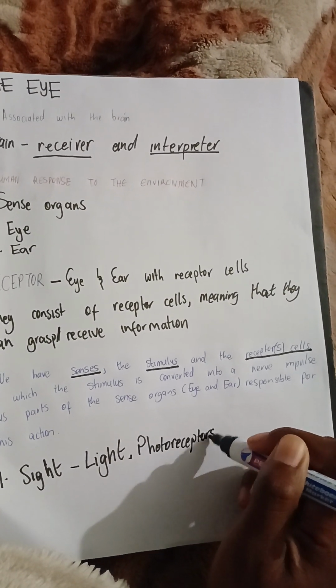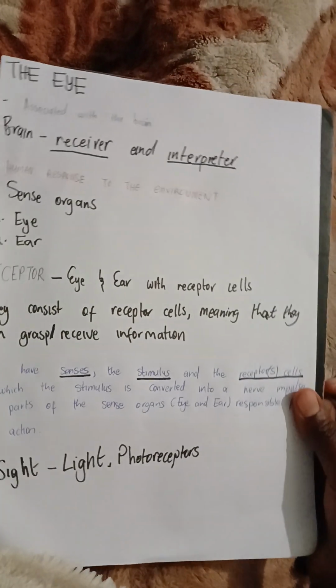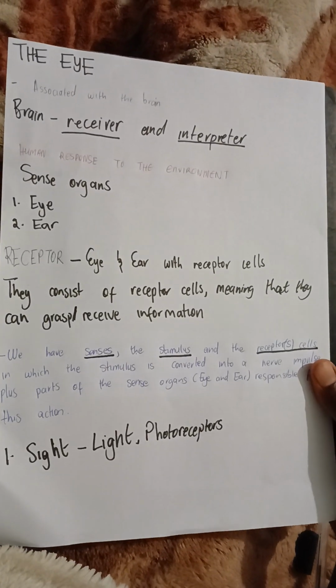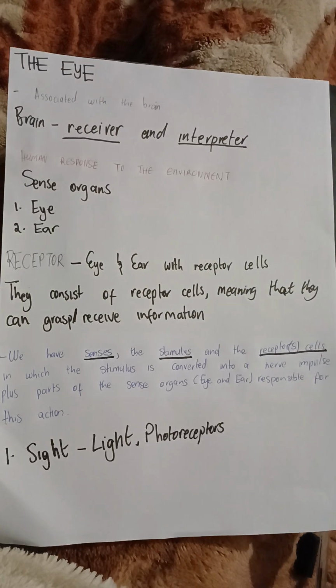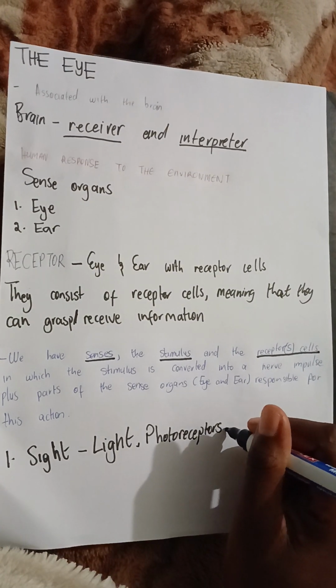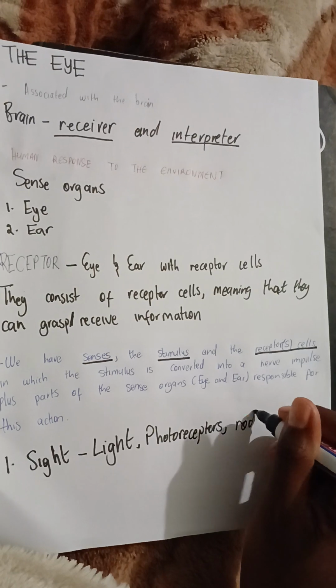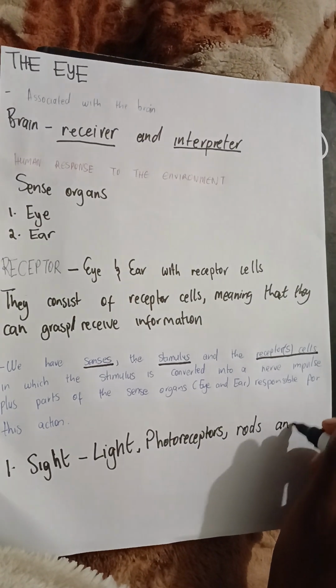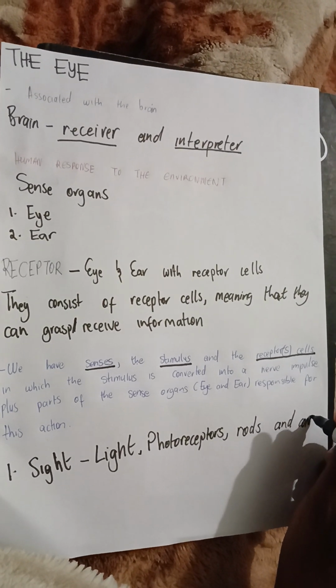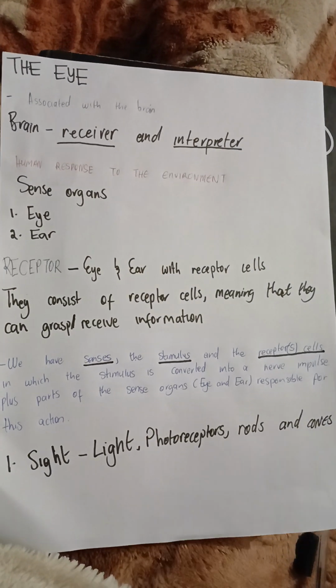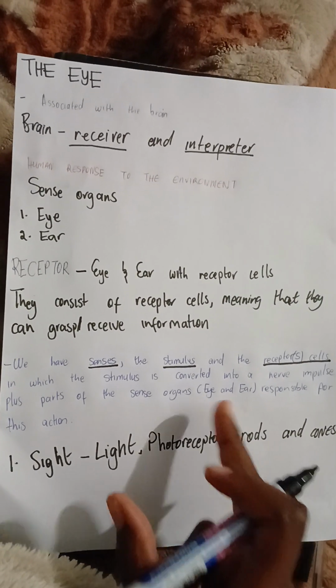And these photoreceptors are called the rods and cones. They receive the stimulus. They are able to convert the stimulus and turn it into a nerve impulse.